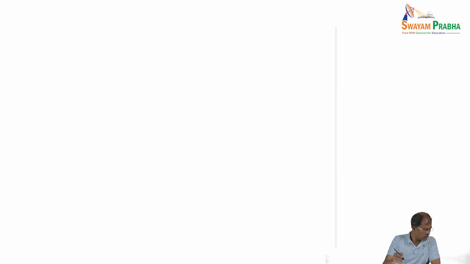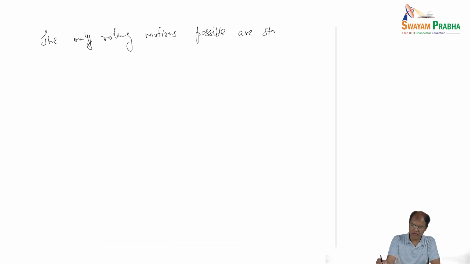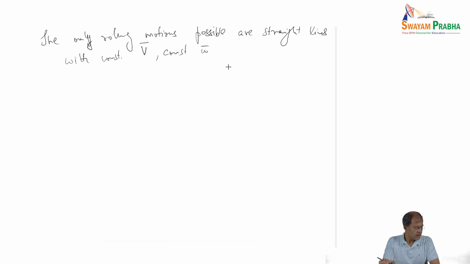One conclusion is, it turns out that the only rolling motions possible are straight lines with constant speed, straight lines with constant V and constant omega, and there is a presence of a vertical angular component, which is the spin of the body, which is constant.